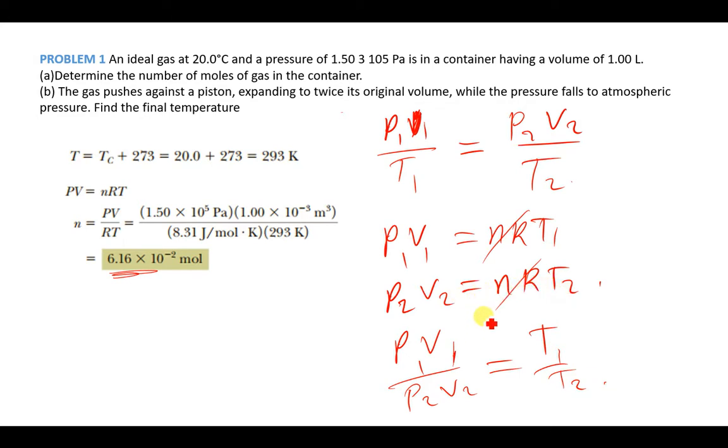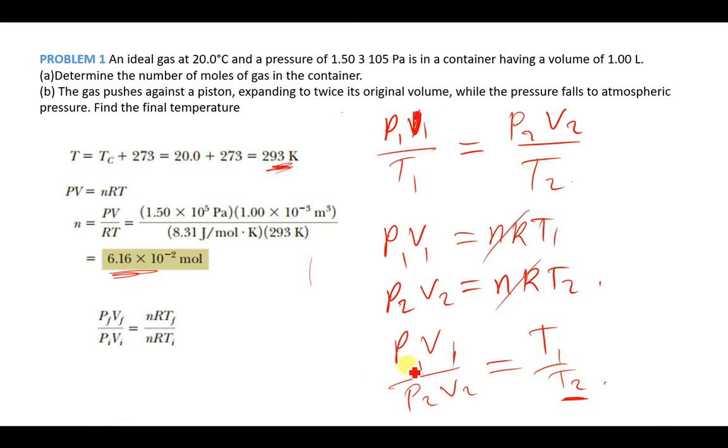So from there now, they're asking us to find the final temperature. You can just make the final temperature the subject according to your assumptions there. If T2 was your final temperature, you make T2 the subject of the formula, and then you plug in all the values. Of course you have T1 there, then T2 is the one that you've been asked to find.